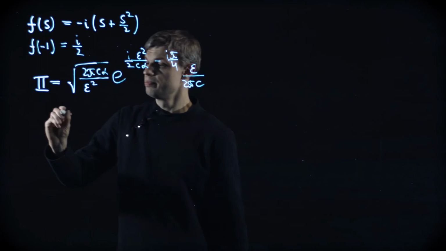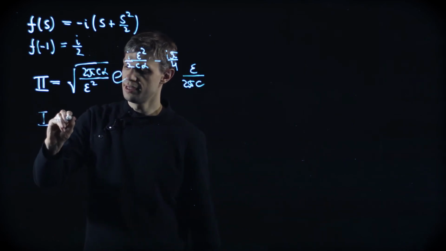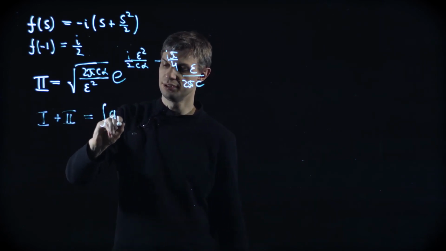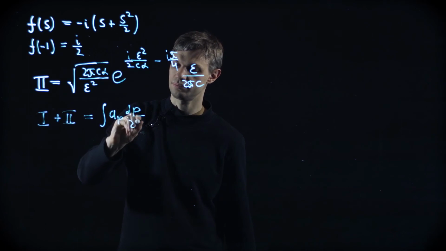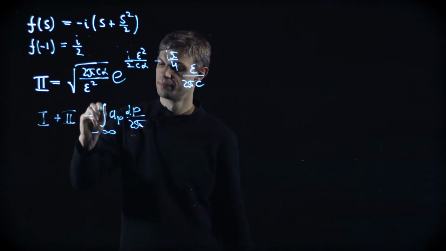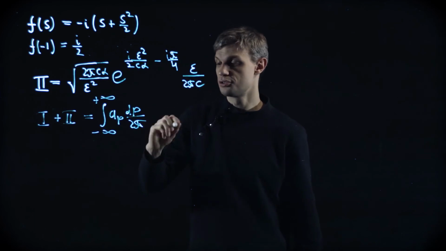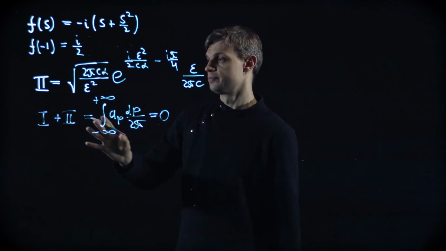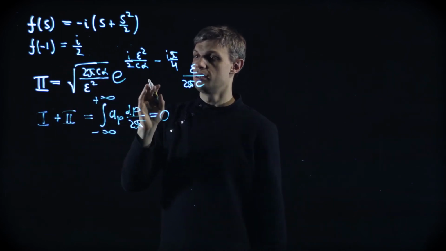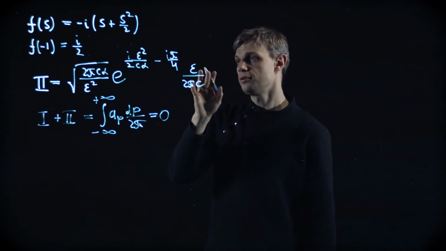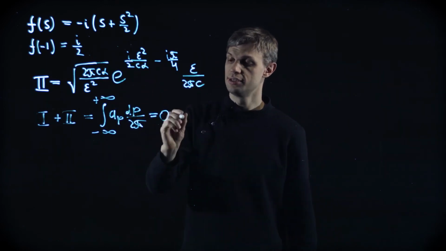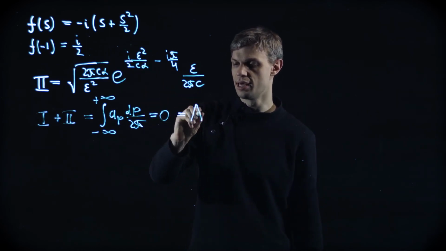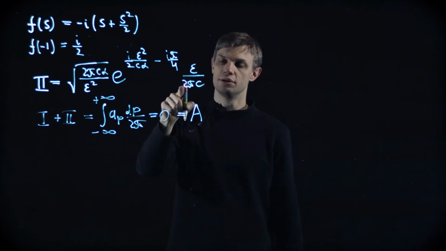Okay, and now we basically sum up these two expressions to get this full integral, as you remember. And it should be equal to 0. Well, if you look at the value of the first integral and compare with the second one, you'll notice that they're simply complex conjugate. So the answer is some irrelevant constant, I call it A, which contains this epsilon over 2 pi C factor.